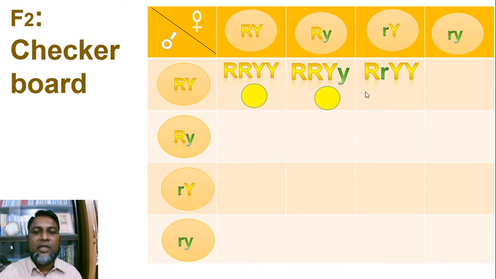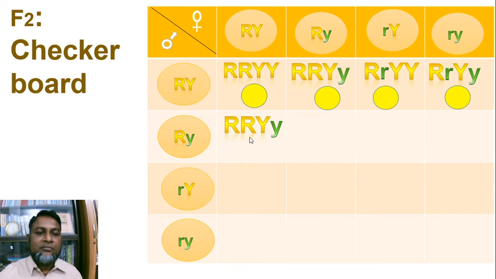In this box we get capital R, small r, capital Y, small y; the seeds are round and yellow. In this box also capital R, small r, capital Y, small y; seeds are round and yellow. Genotype is capital R, capital R, capital Y, small y; seeds are round and yellow.